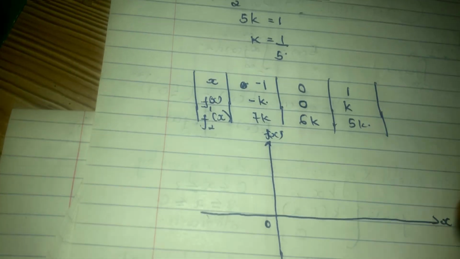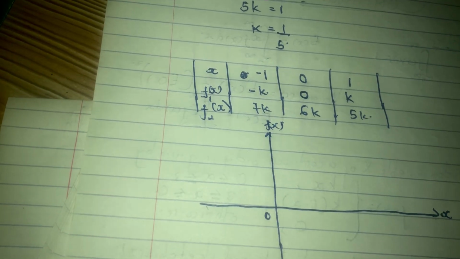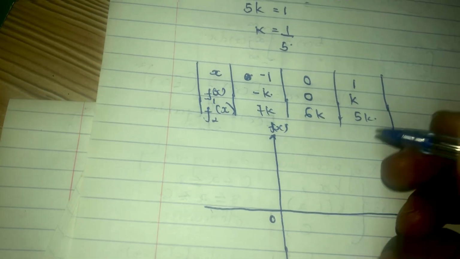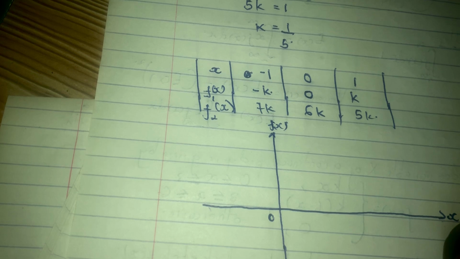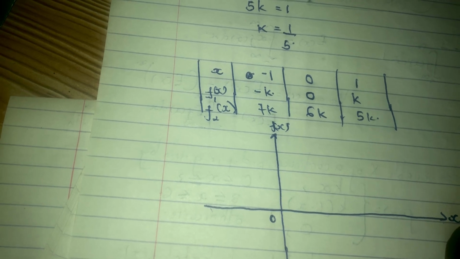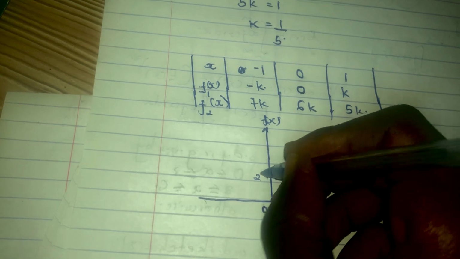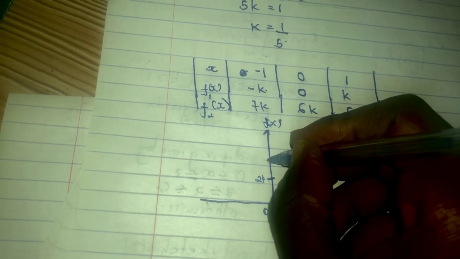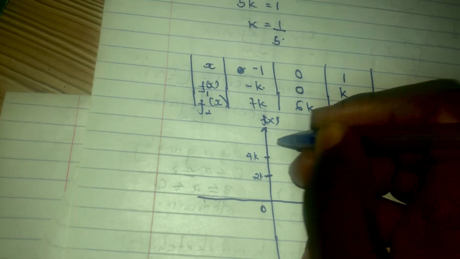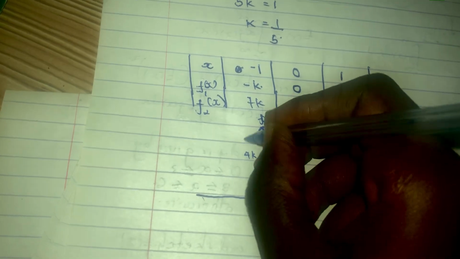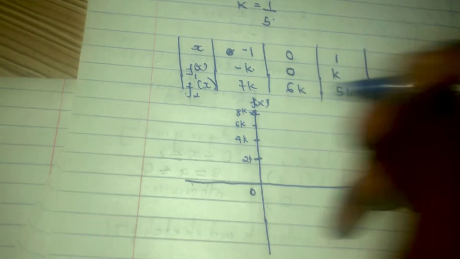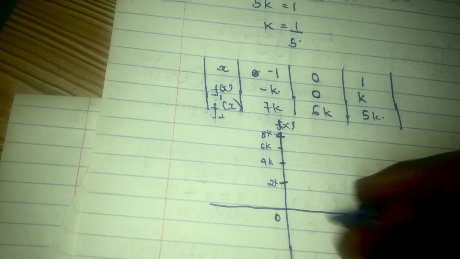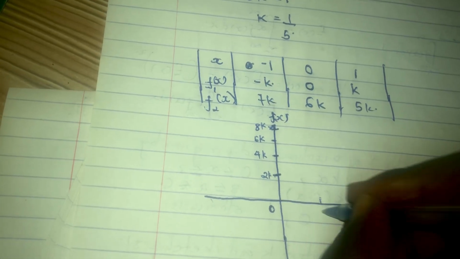Let's use the one with k. So this is 0. It's going to be a little bit longer. This one we are going to make as 2k, 4k, 6k, and up here is 8k. Are you together?